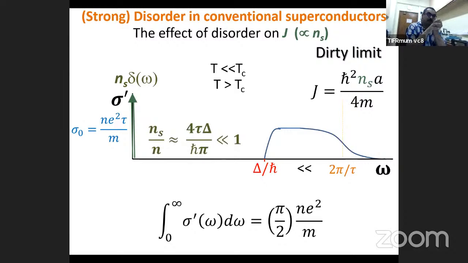Now we know from Anderson theorem that delta is not strongly affected by disorder. It's not an exact statement. Delta actually decreases with disorder, but it does not decrease to zero. At strong disorder, you can see that the delta goes somewhat towards a saturation value.